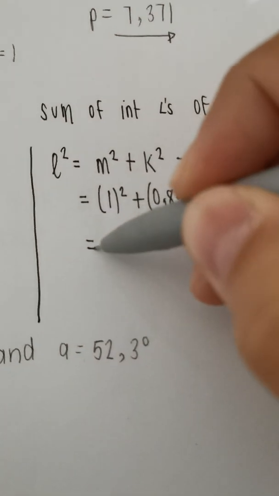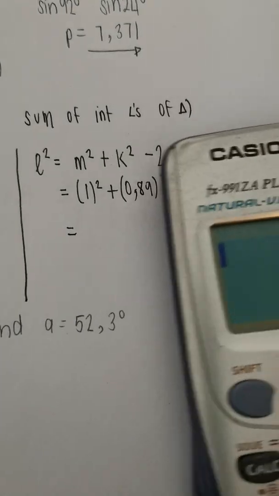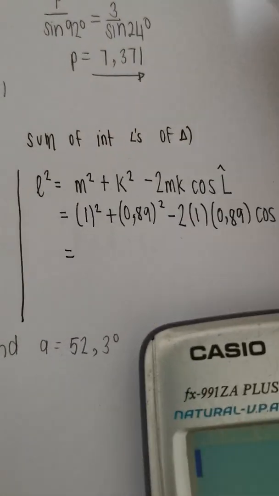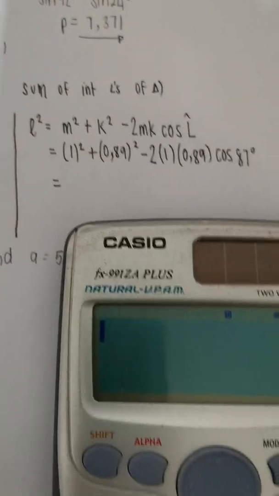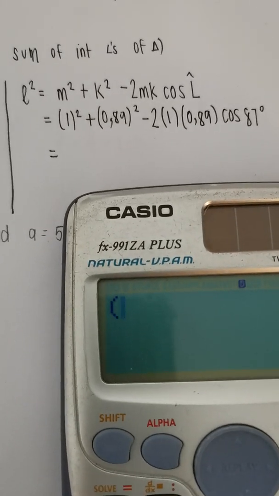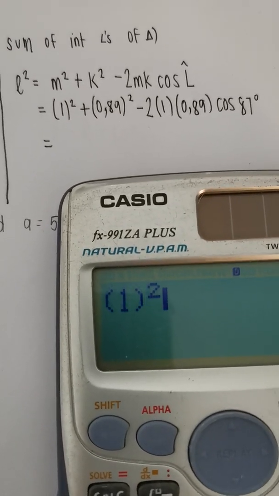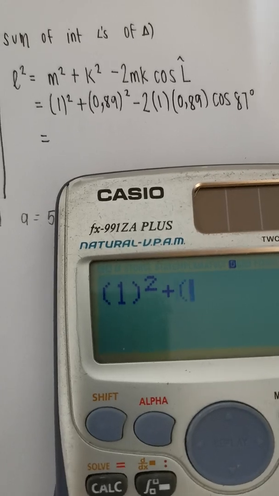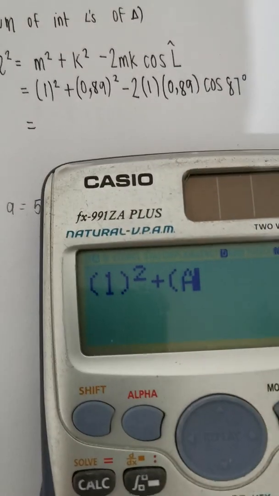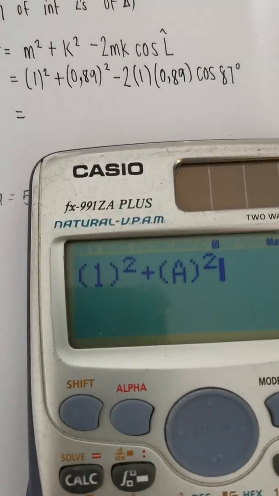And I'm going to plug this all into my calculator. So remember, it was A.